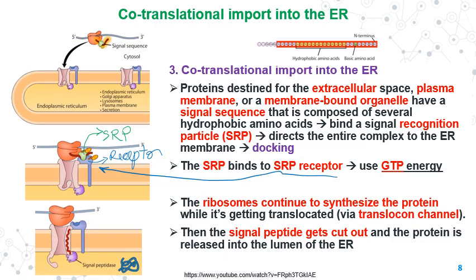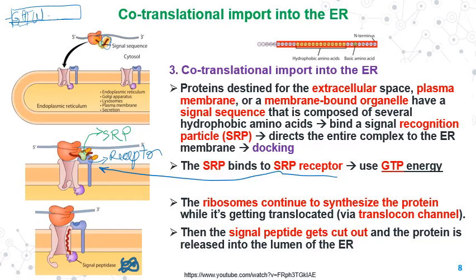Okay, the zip code, let me draw it here, is a piece of the protein right there that is made up of amino acids. So you have something like glutamine, asparagine, threonine, tryptophan, a sequence of amino acids that is small, like 15 to 60 amino acids long.